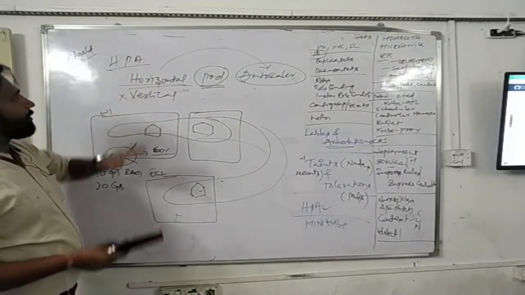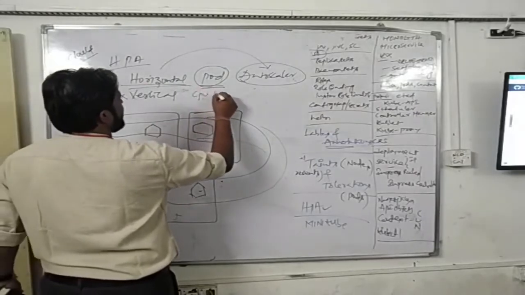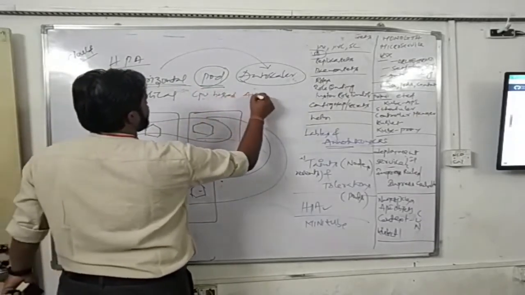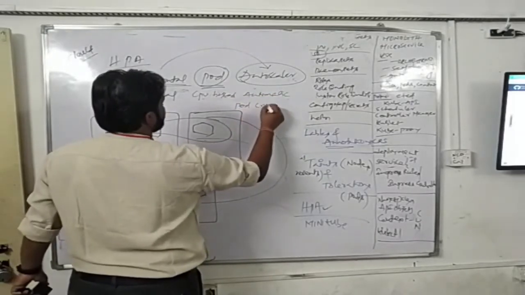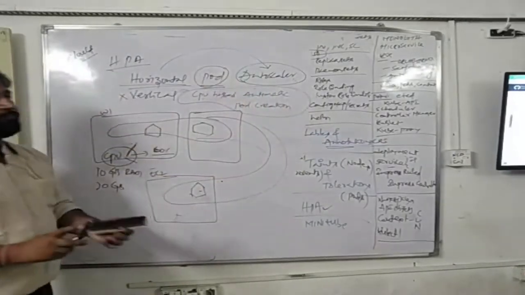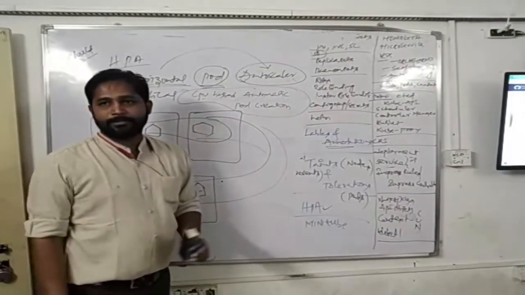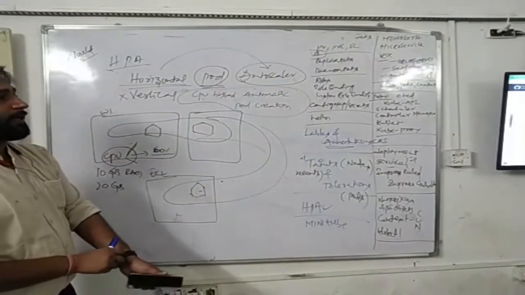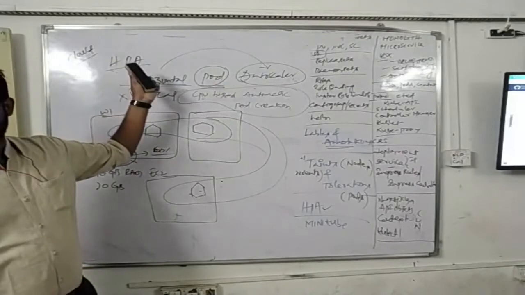So horizontal pod autoscaling is CPU based automatic pod creation. Just like more load, increase in EC2 instance, increase the number of replicas. That's it. It all happens automatically. So you can implement HPA only in a cloud.